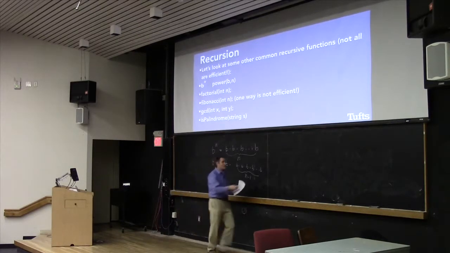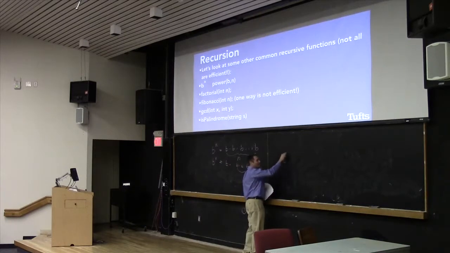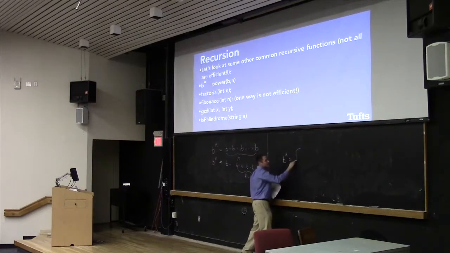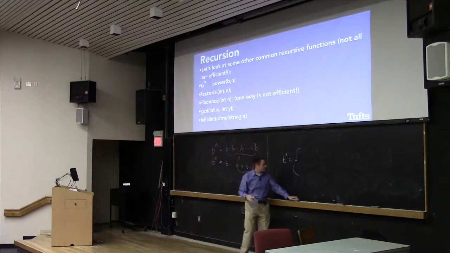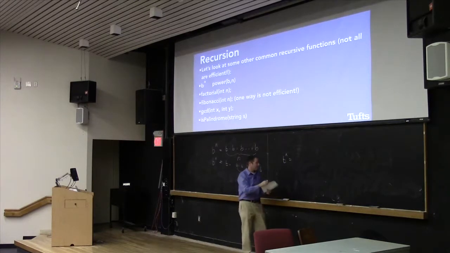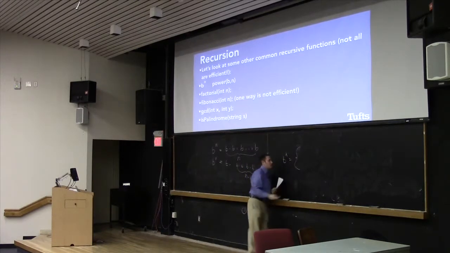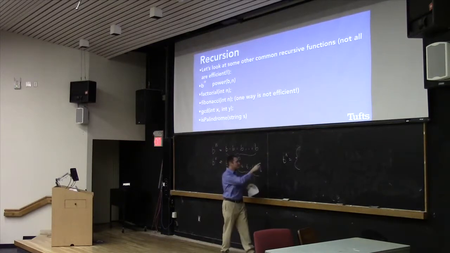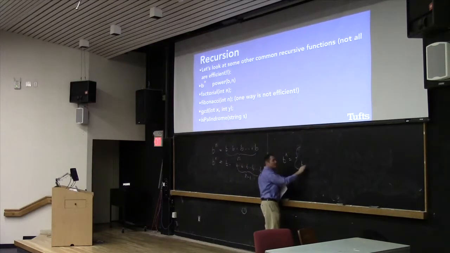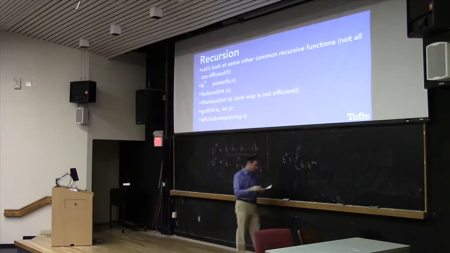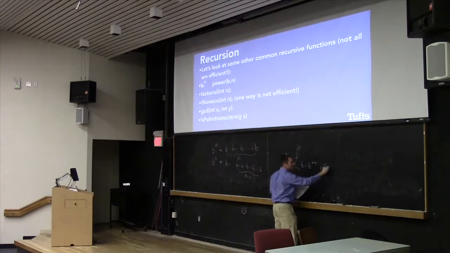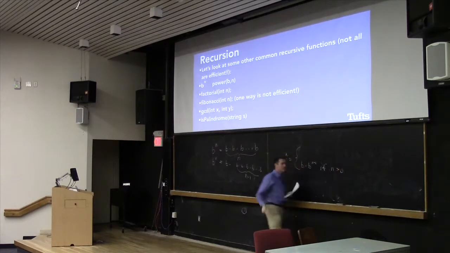We could write this in a little more mathy way if you want. B raised to the n equals, that was a terrible bracket. A little better. What this equals is b times b to the n minus 1, if n is greater than 0.